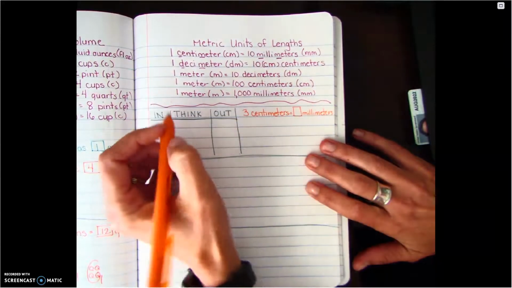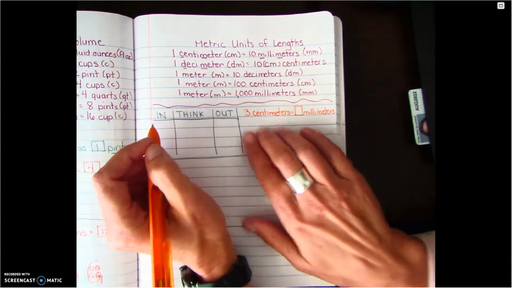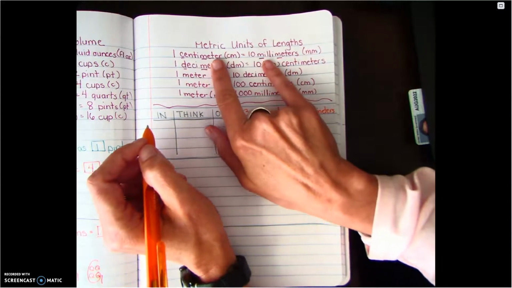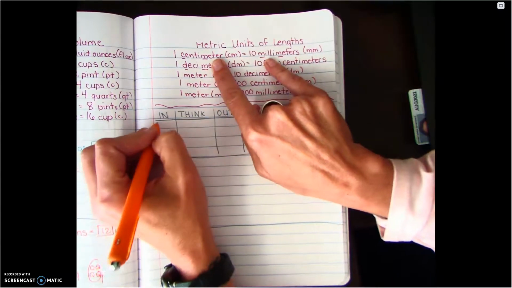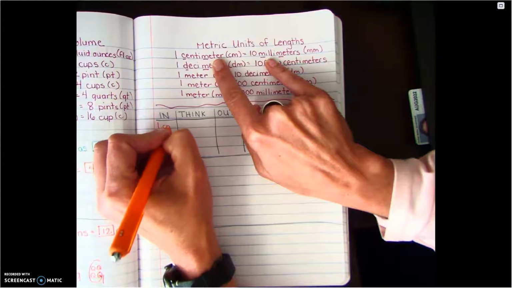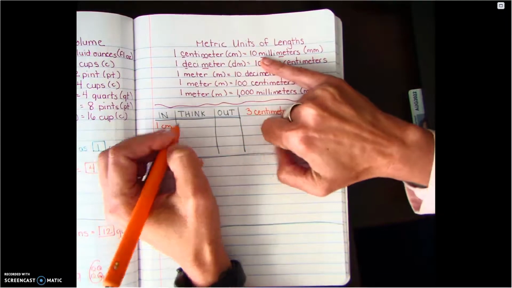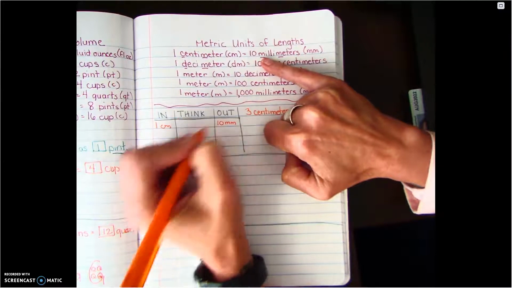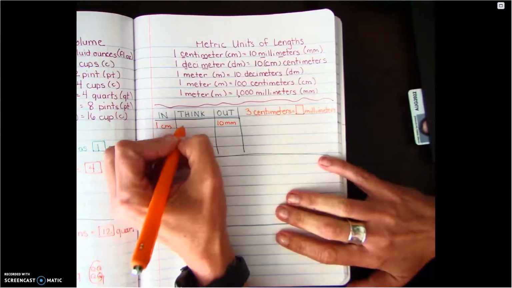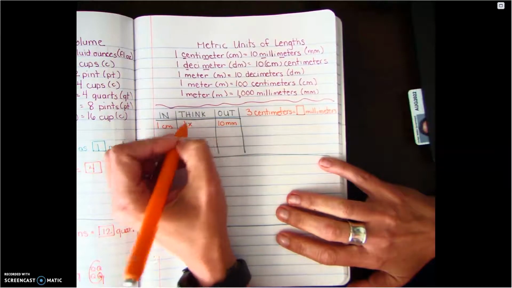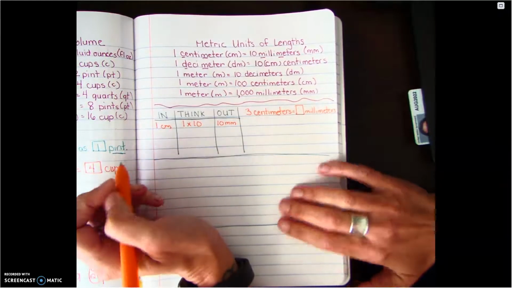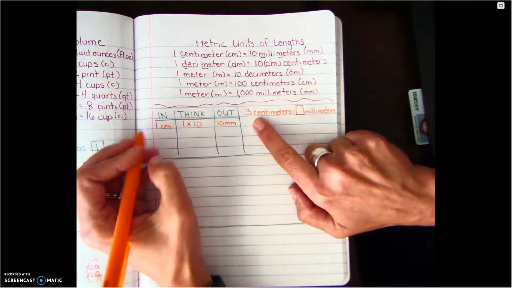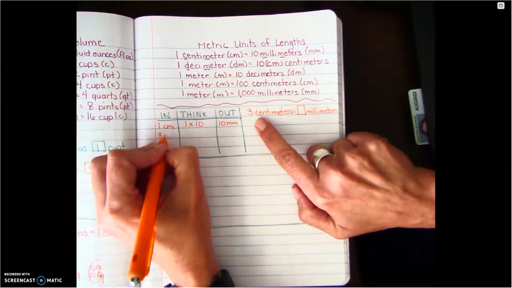Okay, so that means I have to find centimeters to millimeters, and that's actually my very first one, so that's going to be in my chart. So 1 cm is the same as one group of 10 millimeters. So that means that my first is one group of 10. Now I look over here to my problem, and I have 3 centimeters.